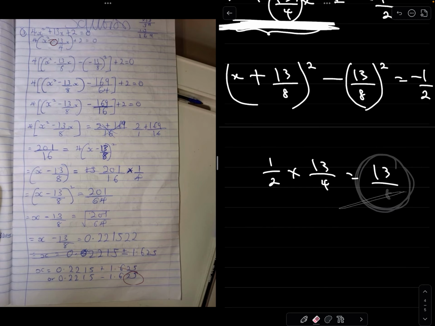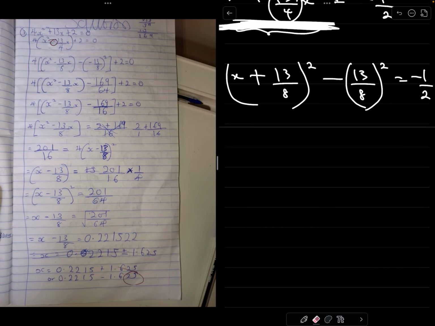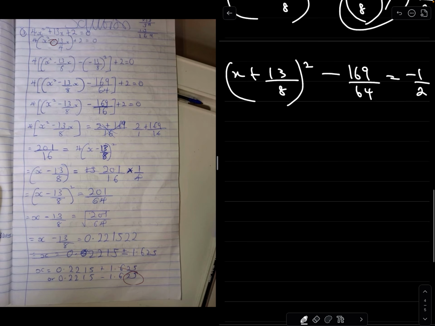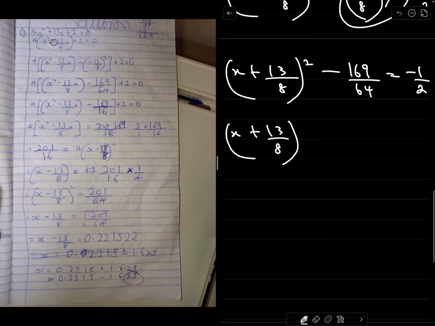Then the next step will be x plus 13 over 8 all square minus the square of 13 over 8 is 169 over 64, and that's equal to minus 1 over 2, which simply means x plus 13 over 8 all square. You go step by step that way and you won't miss it, equals minus 1 over 2.